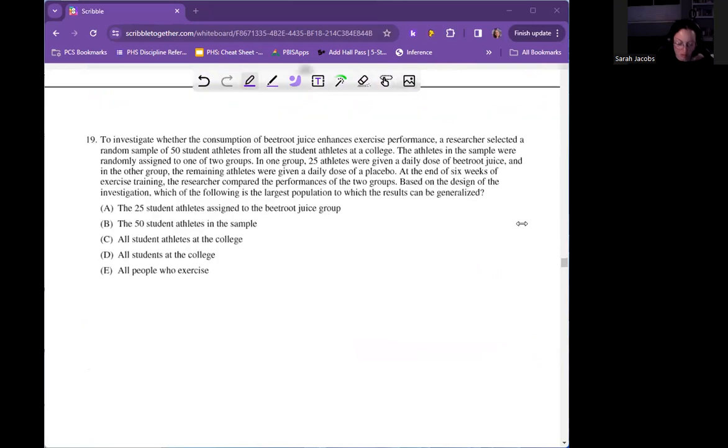Two more. 19. To investigate whether the consumption of beetroot juice, is Dwight Schrute in the building, enhances exercise performance, a researcher selected a random sample of 50 students from all the student athletes at a college. The athletes in the sample were randomly assigned to one of two groups. Randomly assigned, that's important.